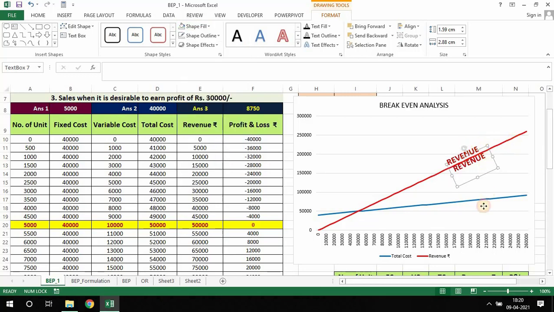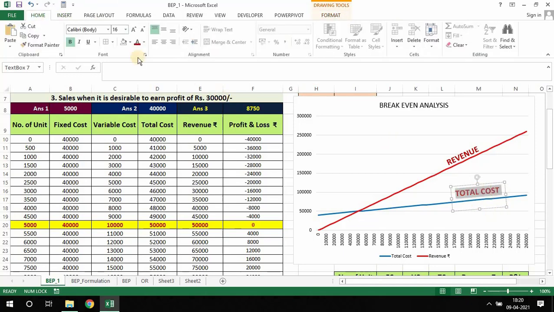Similarly, the next line is indicated as total cost. Okay, so the color is blue.